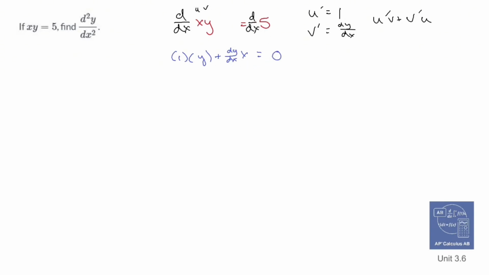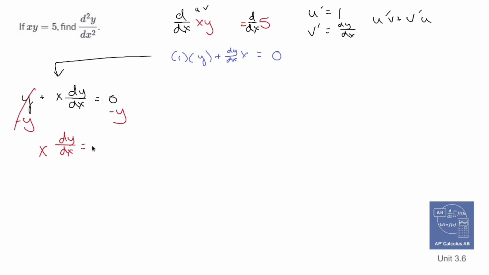So let's write this stuff over here now so I have a little bit more space. y plus x dy dx equals 0. Let's subtract y from both sides. And x dy dx is going to equal negative y. Divide both sides by x, and dy dx equals negative y over x.